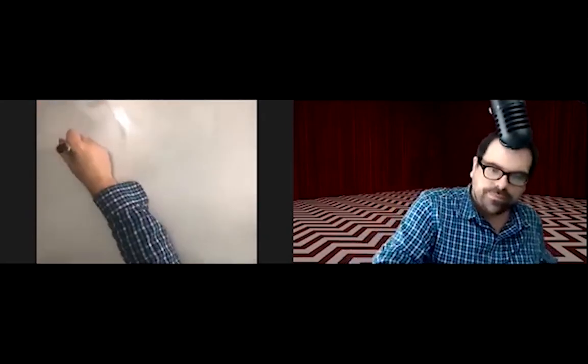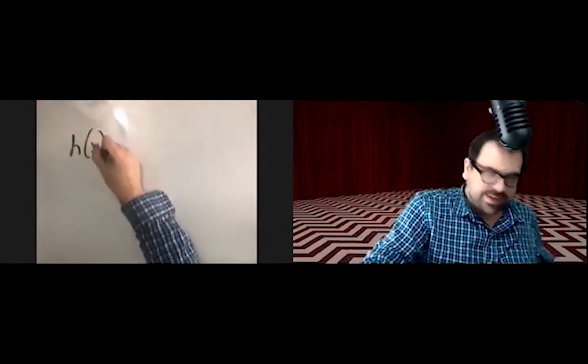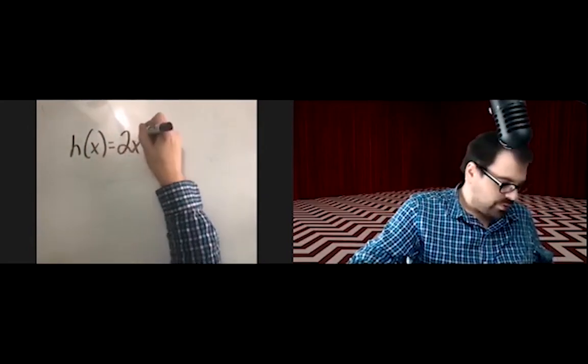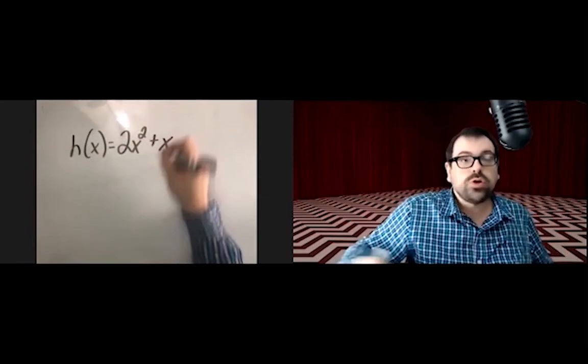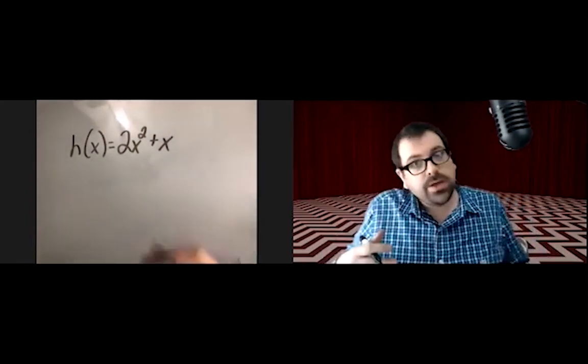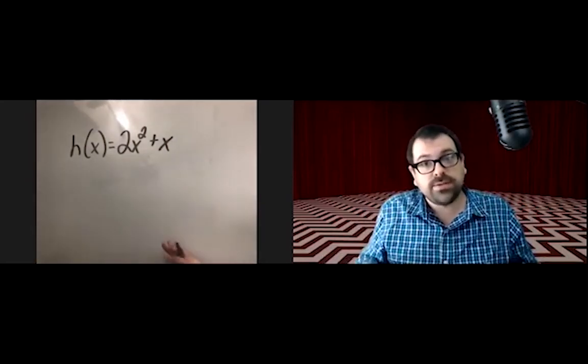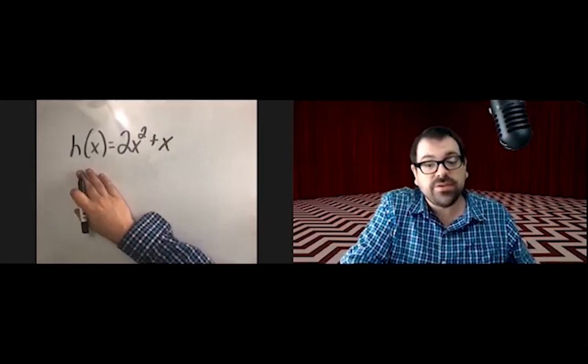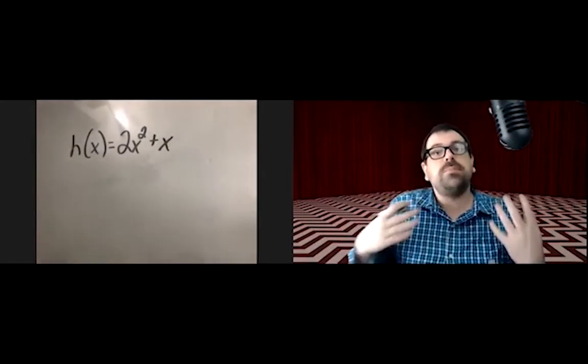Next up, let's take a look at h of x equals 2x squared plus x. I'm going to run it through both ways, with the h of x stuff, but also just using our basic rules.